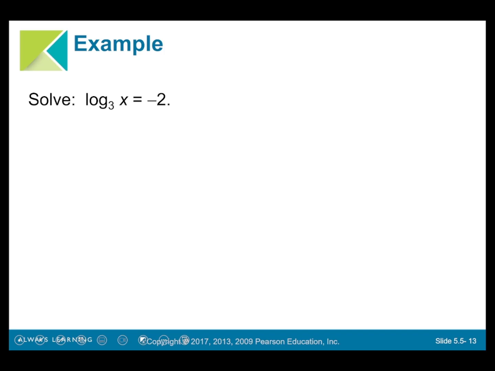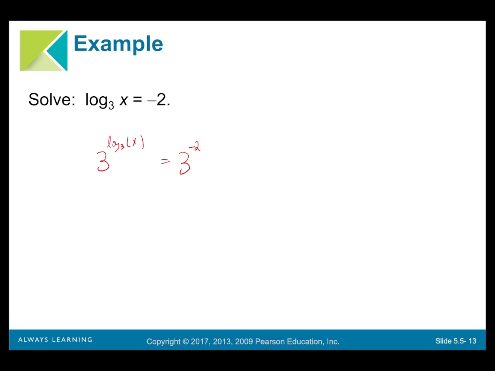So let's see what that looks like. Here we have log base 3 of x equals -2. The way I like to think about this is, what if we considered 3 to the log base 3 of x and 3 to the -2? That earlier rule said it was okay to do this. There's no great phrasing for this that I've found. I've really just raised 3 to the both sides, essentially.